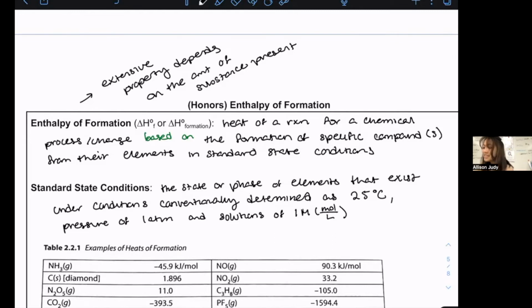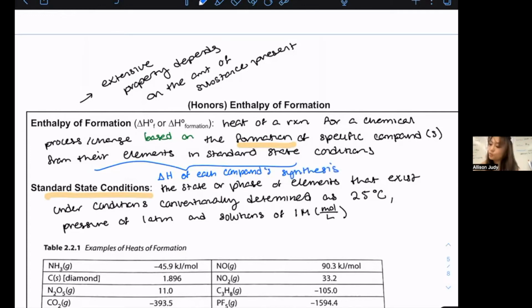And it's under these standard states that we measure the heat of formation for each compound, that we determine each individual compound's enthalpy that it contributes based on their synthesis. Another way to say it is: what is the enthalpy of each compound's synthesis? And that's what we're basing our overall enthalpy for a reaction on.